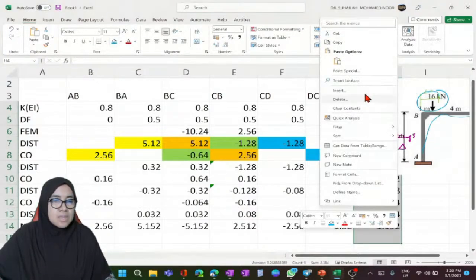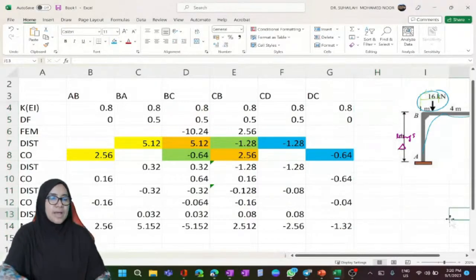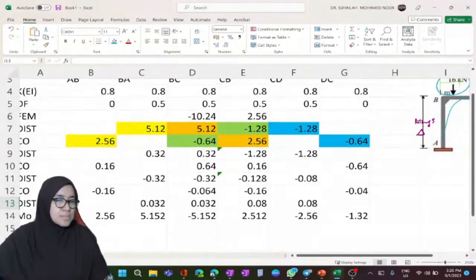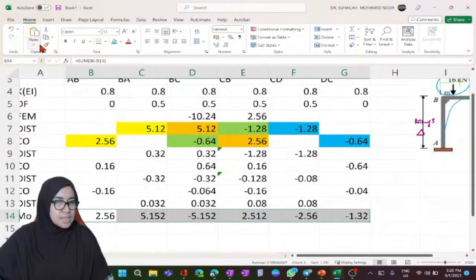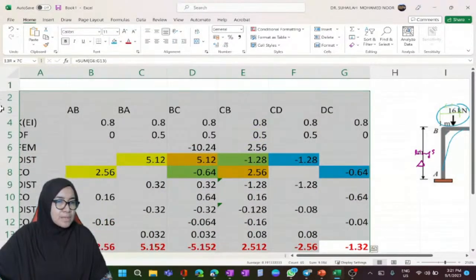This one I have to click. So we have 6 end moment value from table number 1.